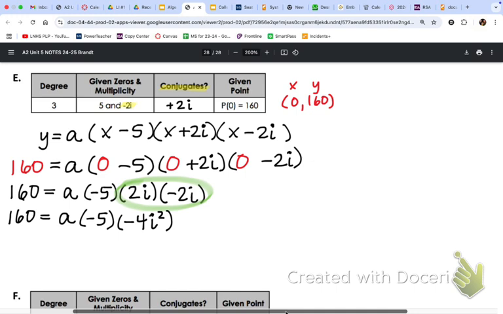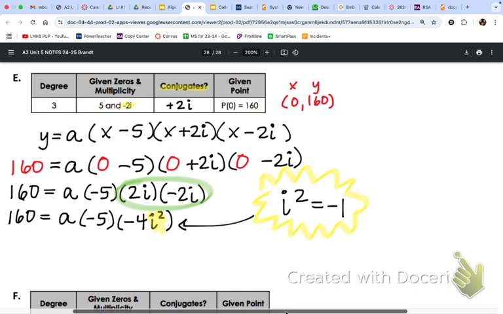Do you remember what i squared is? Because that's important. Negative 1. Make a note to yourself: i squared is equal to negative 1. This is an important thing that you need to remember. So that's what's happening here.